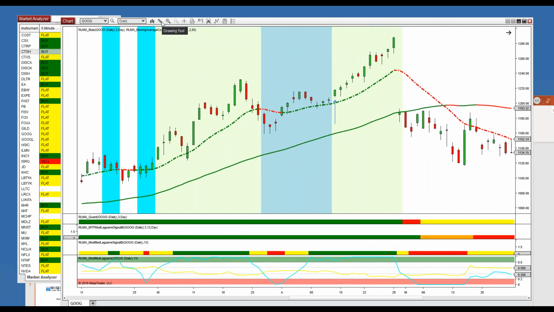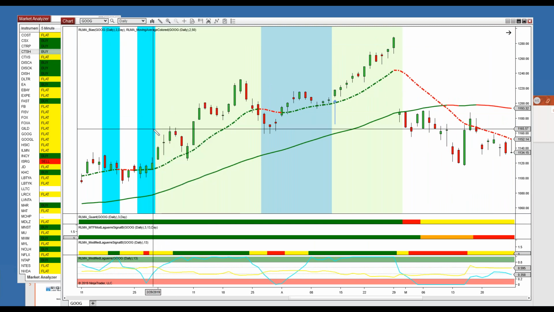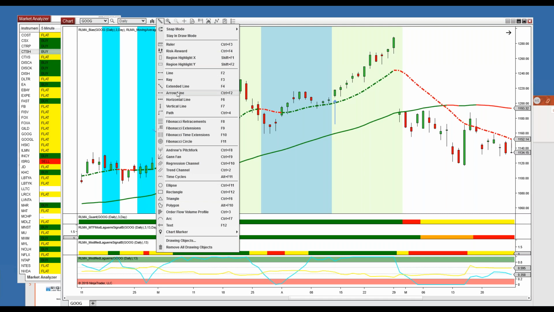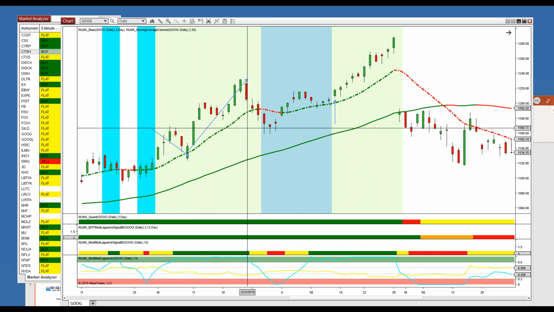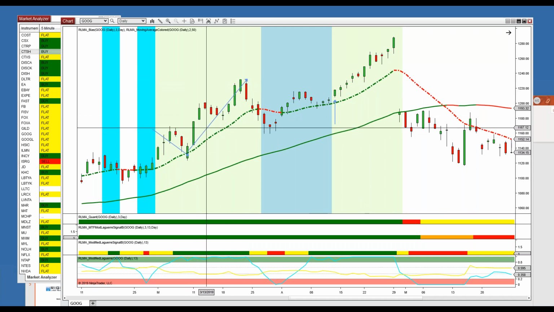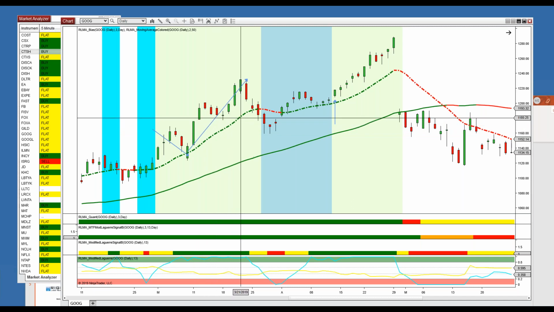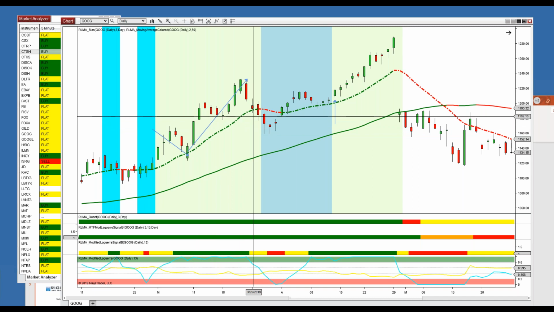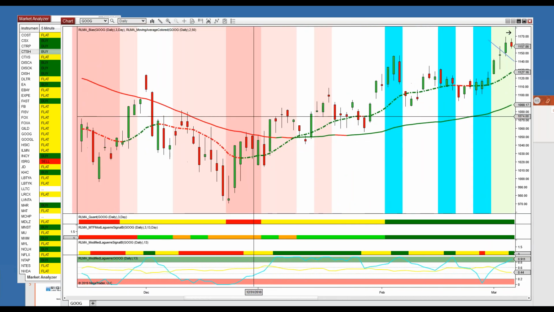Here, like I said, just take the pullback to support and then the move up. You've got the buy signal flashing. You've got a great trade. You're going to be in this for 1, 2, 3, 4, 5, 6, 7, 8, 9 days. You're going to be in there a long time. And here there's nothing.